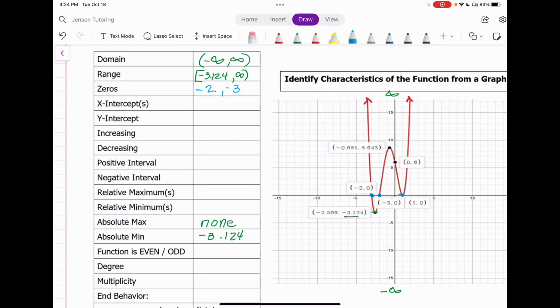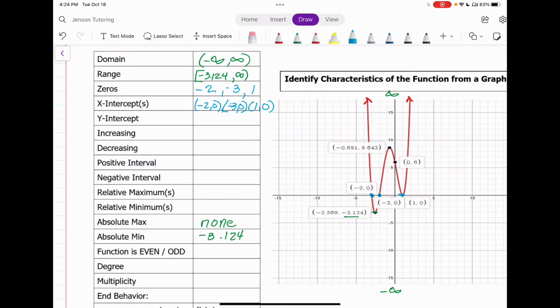So I have negative 2, negative 3, and positive 1. Now if I write those same zeros as an x-intercept, I need to write that as a coordinate point. So I'm going to have (-2, 0), (-3, 0), and (1, 0).